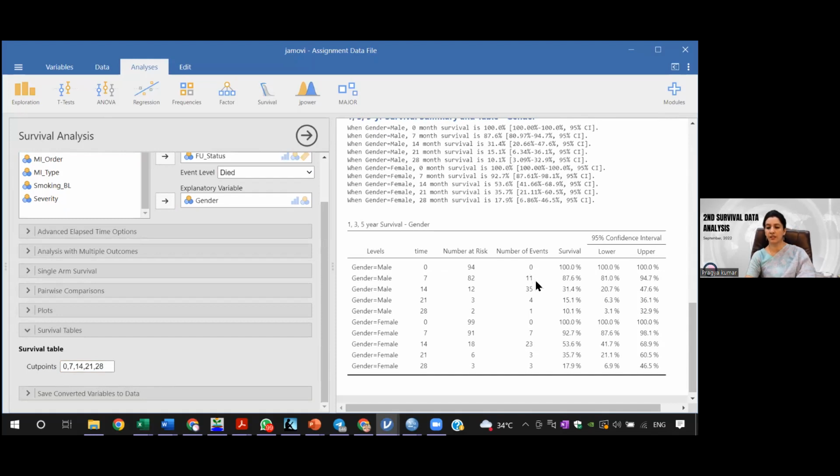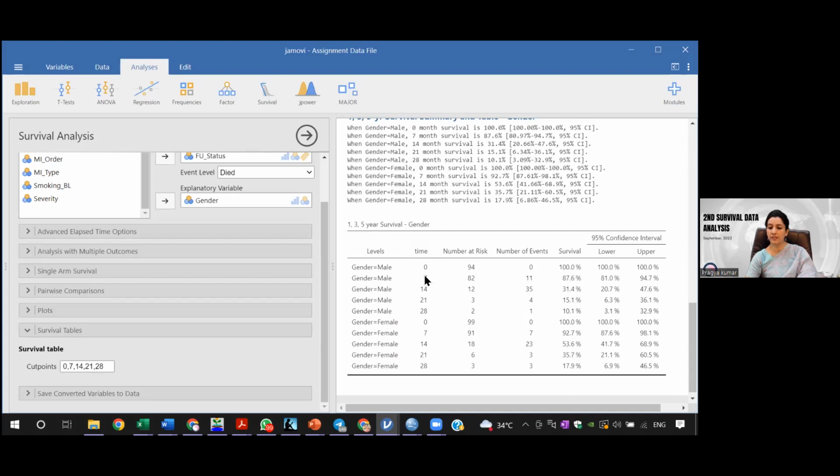So if you see here the number of events, your question was why the number of events is more than the number of people at risk. So actually this number of events, this 35 here, and this is at risk, 85. It started with 82 people because it is in a period, right?